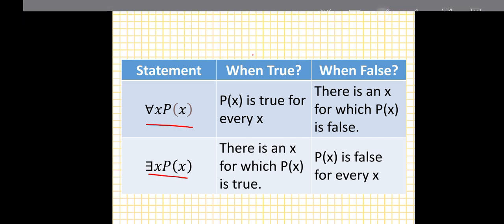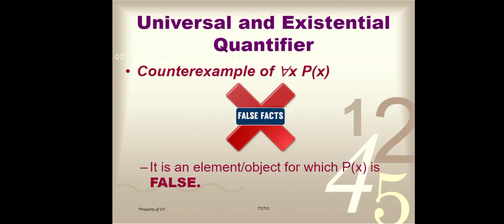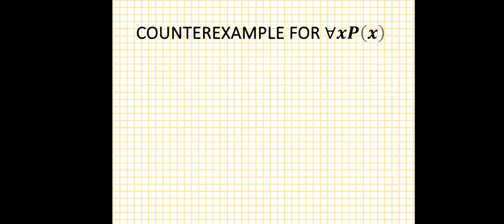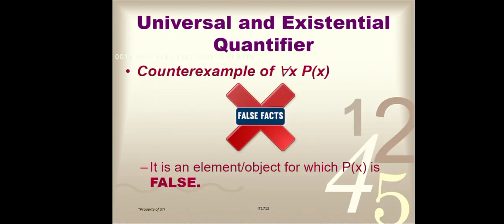So, this morning, let's talk about the new topic. When we say counterexample, it states that it is an element or object for which P of x is false.